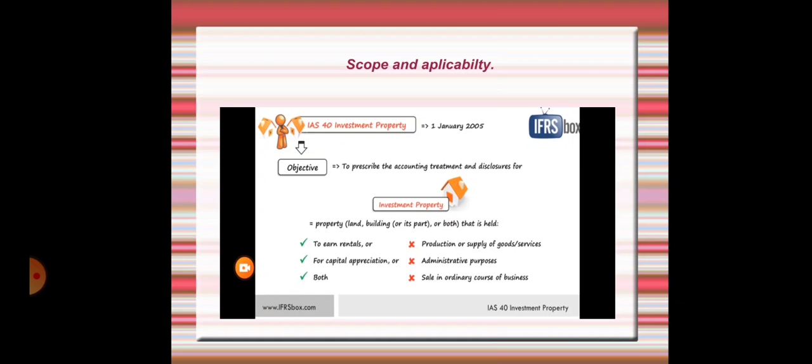How to show, how to measure, how to recognize, how to de-recognize the investment property. All these terms, all the process, all these standards or principles are included in the investment property.